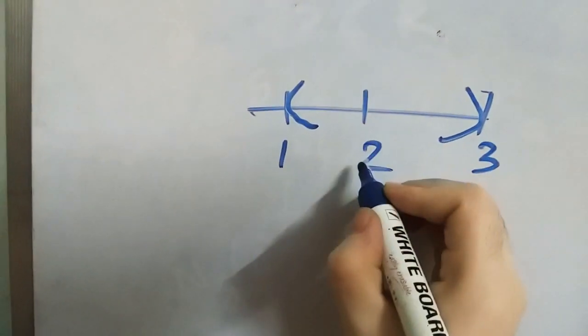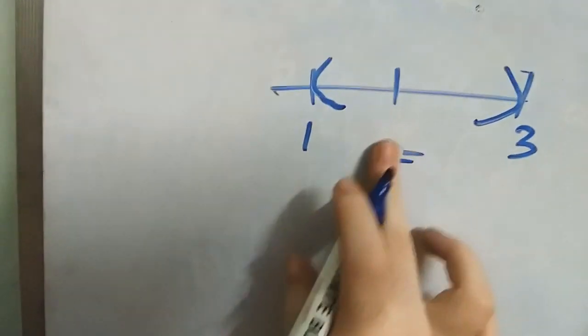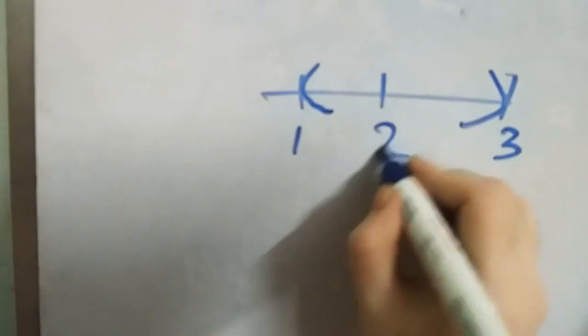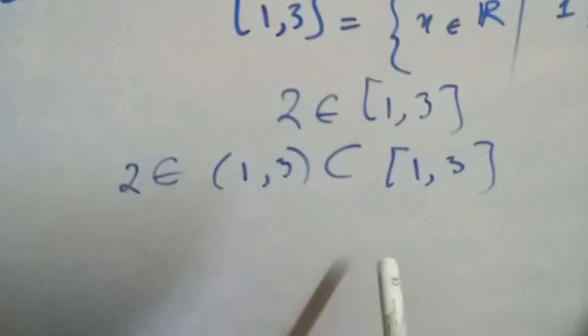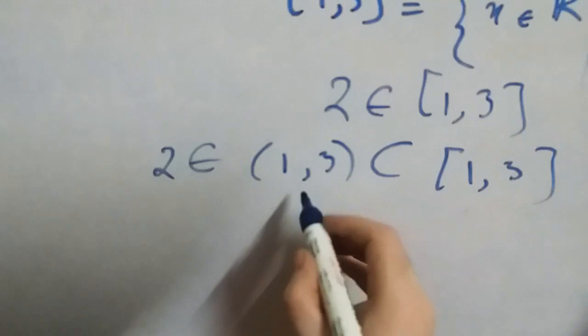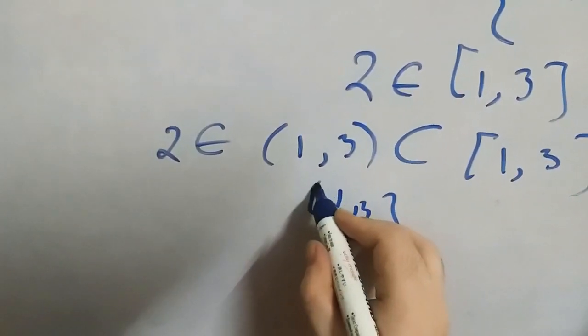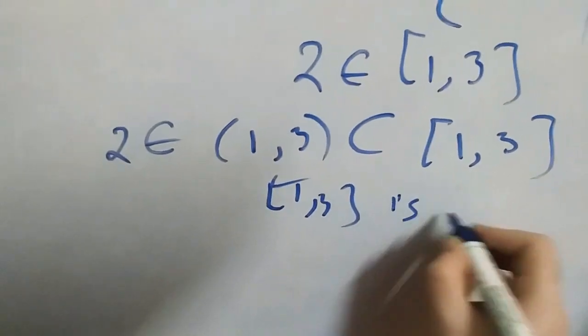So 2 belongs to the open interval (1, 3), and (1, 3) is contained in [1, 3]. Therefore the closed interval [1, 3] is a neighborhood of 2.